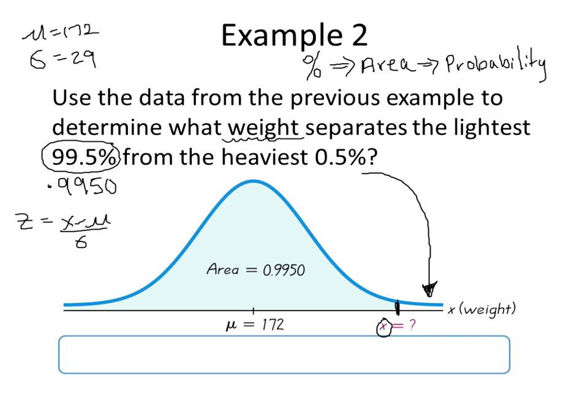Since we're not looking for probability, we use the formula that starts with x: x equals the mean plus z times the standard deviation. That's the alternate form of the conversion formula, and you're always going to use it when you're asked to find a value that separates one part of your graph from the other. We know quite a bit from this. We have a mean and a standard deviation, so I'm going to start there.